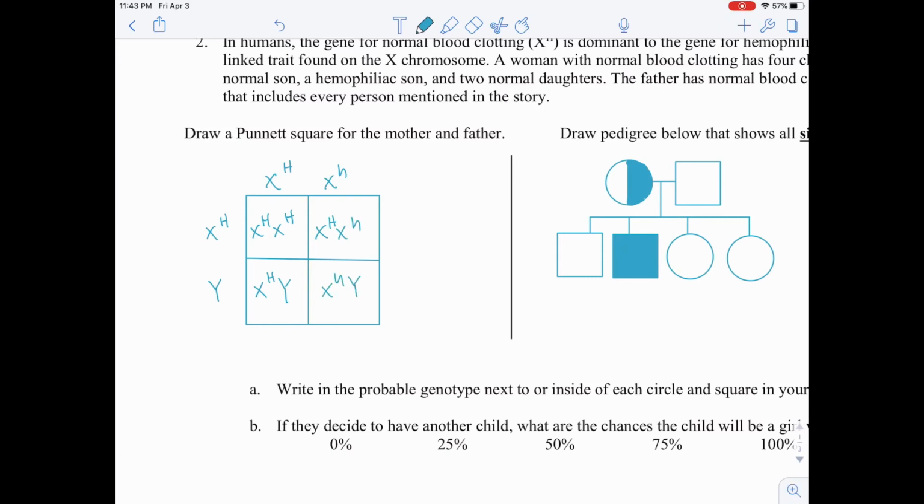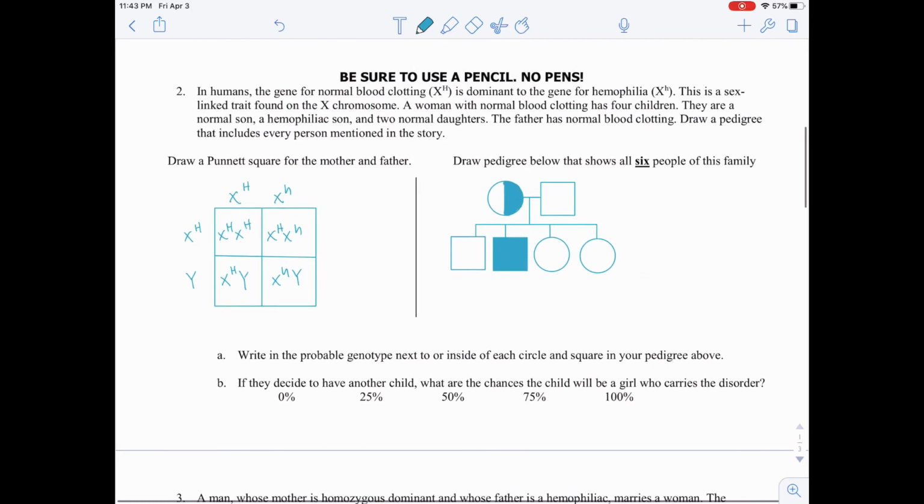So now we cross the Punnett square and write in probable genotype next to or inside of each circle and square in your pedigree above.